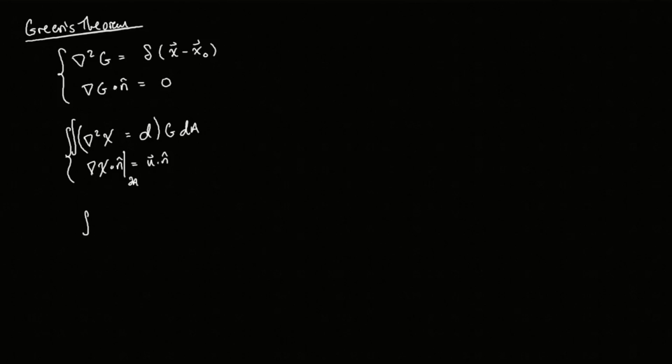So what I end up with is G grad chi dotted with n hat dA minus grad G dotted with grad chi dA equals G d dA.